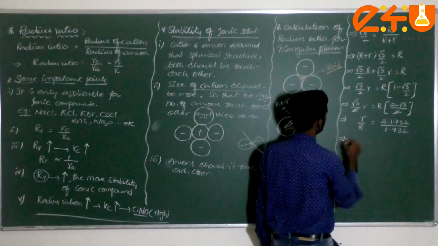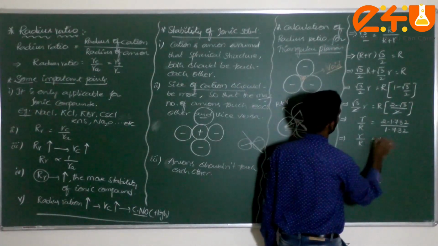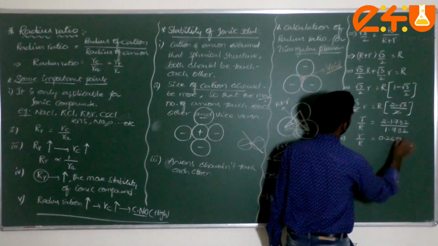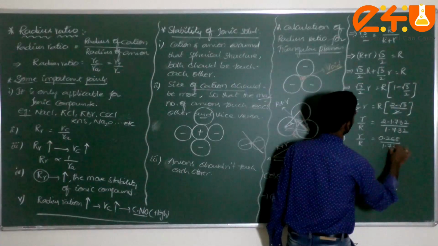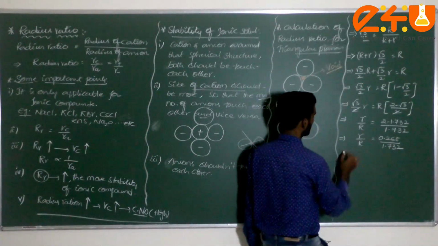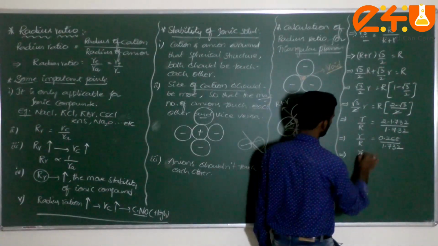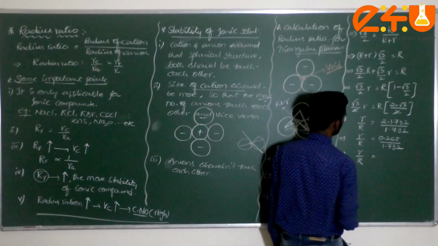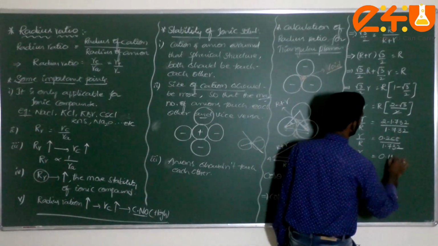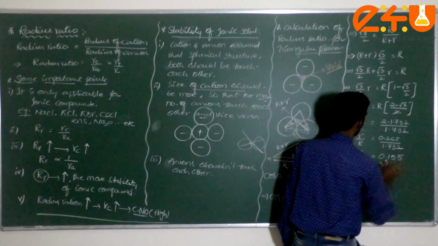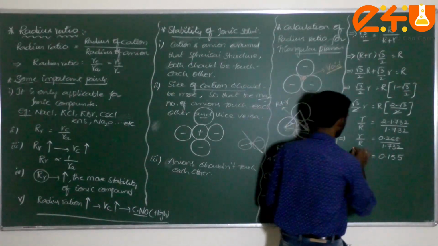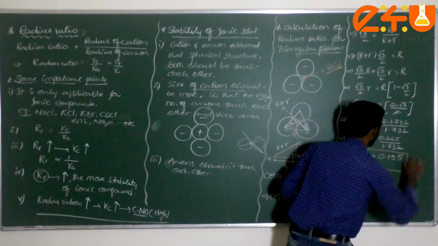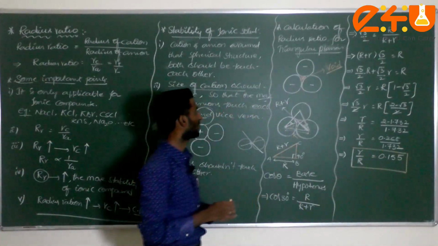That implies r by R is equal to 0.268 divided by 1.732. If you simplify, what will you get here? The radius ratio is approximately 0.155.